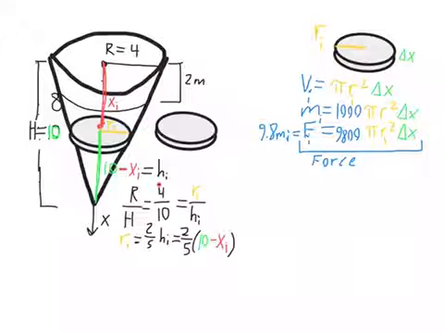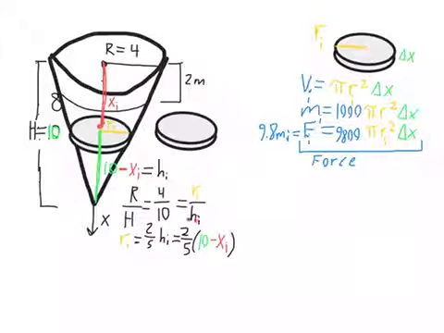we can re-express this ratio of little radius to little height. We can re-express this as follows. Take the expression for height, plug it right in here. I'm sorry. You would plug it right in here.